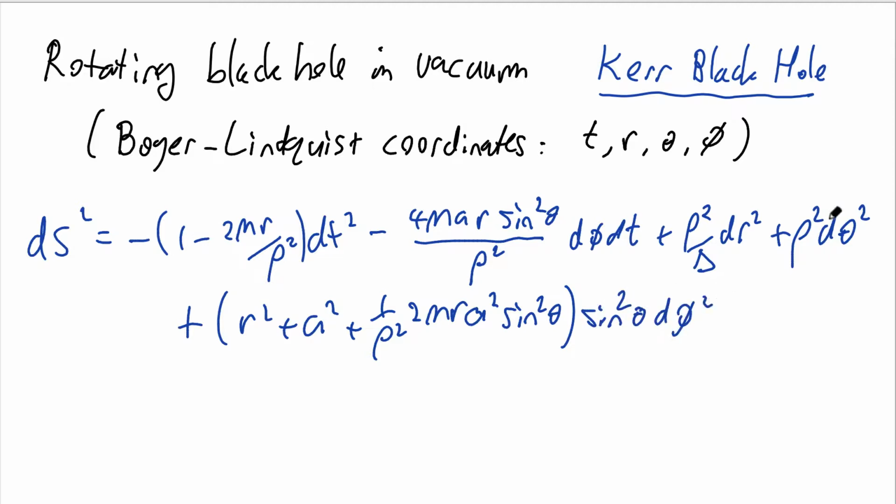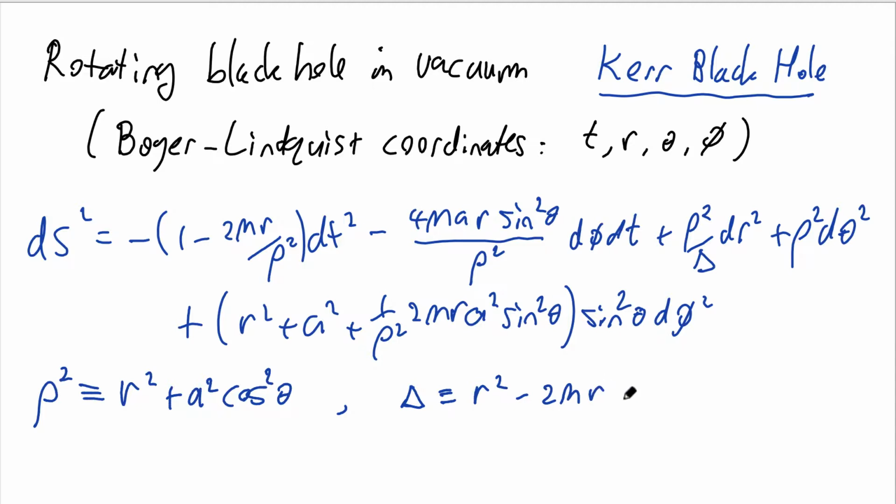d phi squared. Now rho squared, which appears in several places in this line element, is defined as r squared plus a squared cosine squared theta. And delta is defined as r squared minus 2mr plus a squared.